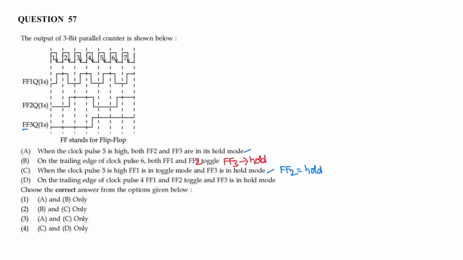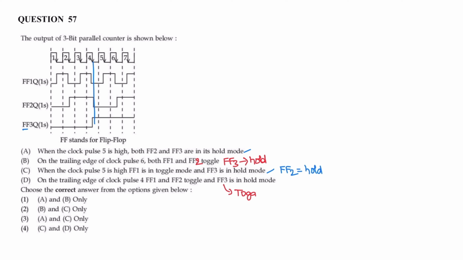Next, statement D: on the trailing edge of the fourth clock pulse, all three flip-flops change their states. That is, FF1 toggles, FF2 toggles, and FF3 also toggles. It is not hold state.